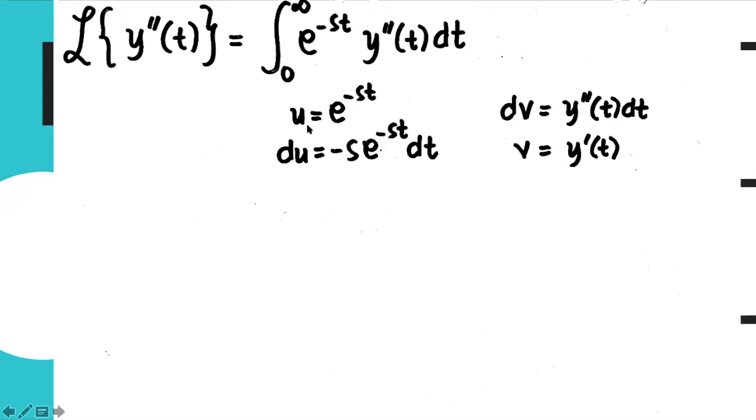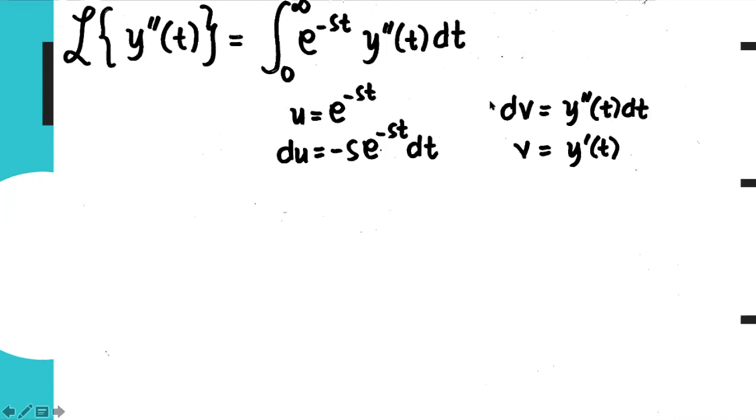So let u equal e raised to negative st, the kernel function. We differentiate this, and we have du equal to minus s times e raised to negative st times dt. And then our dv is equal to y double prime of t dt.